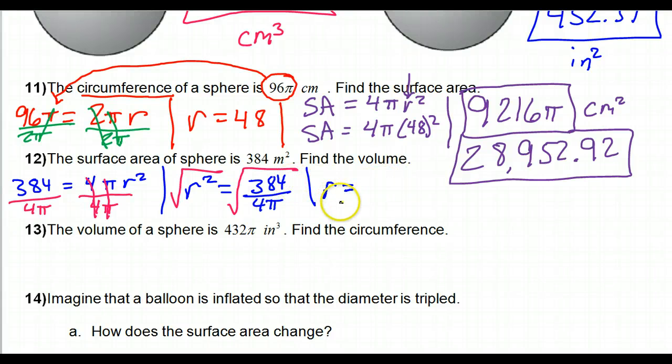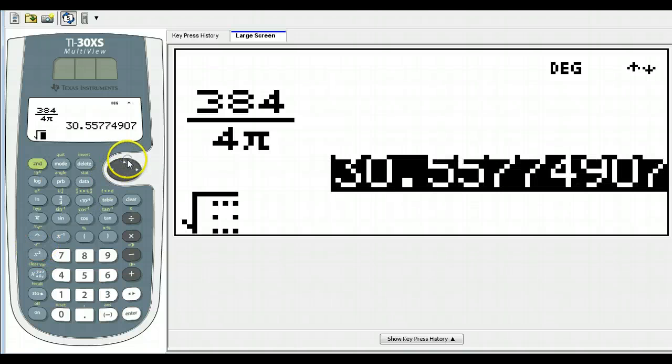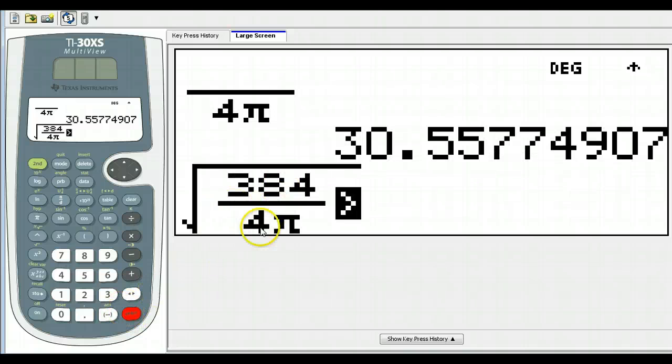I'm going to go ahead and get this decimal now to save you from what I really want to do. So, square root of 384 over 4 pi.